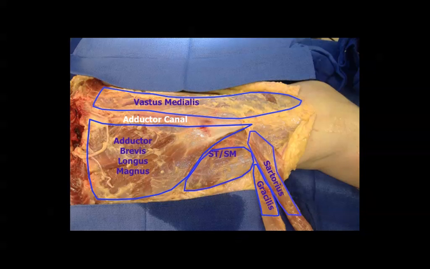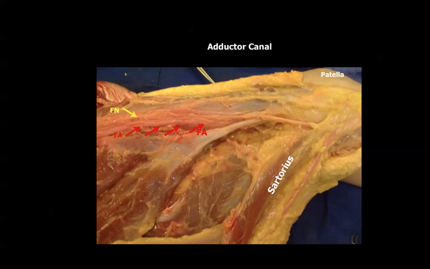Here, the roof of the adductor canal, or tissue layer enclosing it, has been incised, showing the femoral artery and femoral nerve, the femoral artery being marked by the red arrows.